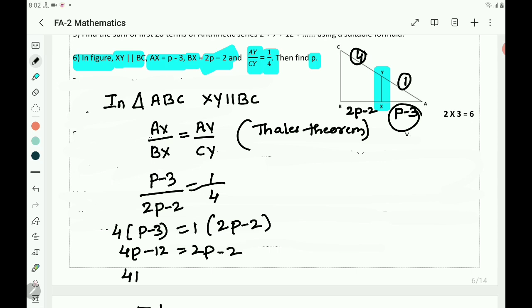Right? 4P minus 2P equals minus 2, minus 12 becomes plus 12. Minus 2 plus 12.